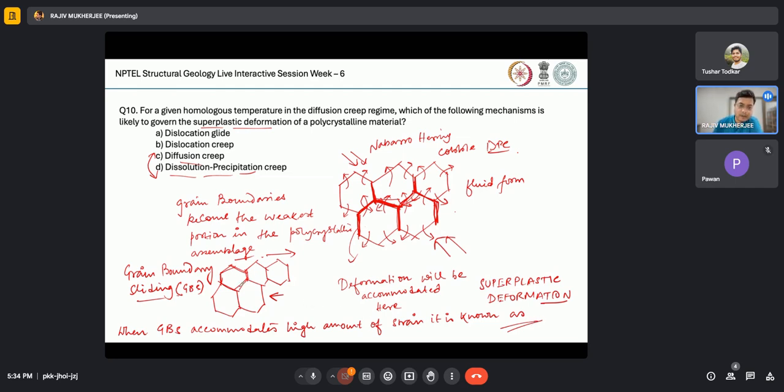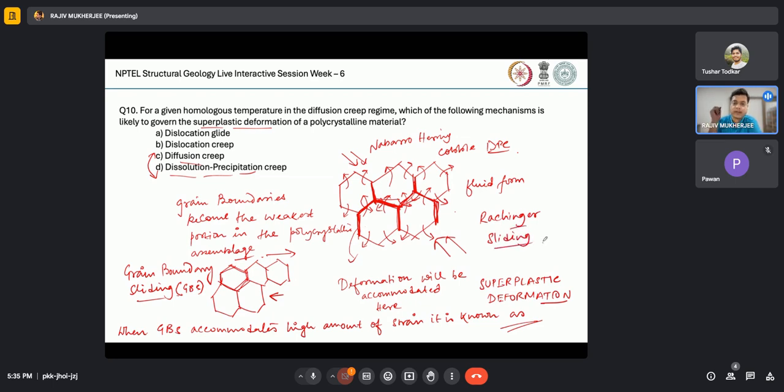This kind of sliding, where the grains are sliding past each other in this manner, is also known as Rachinger sliding. So this is a new thing I guess you have learned today. Just check it out on the internet.